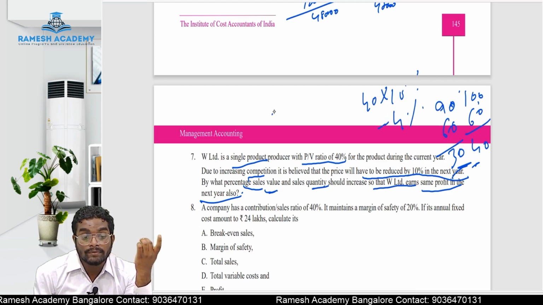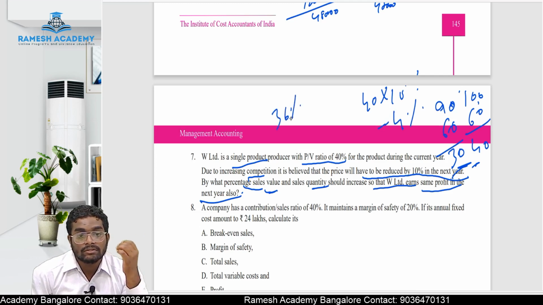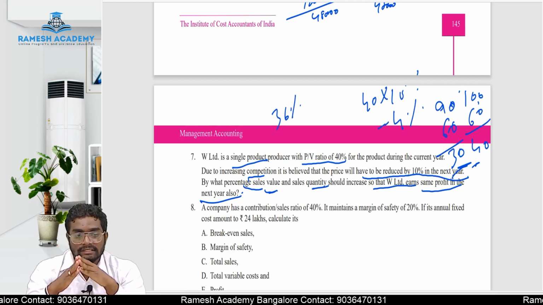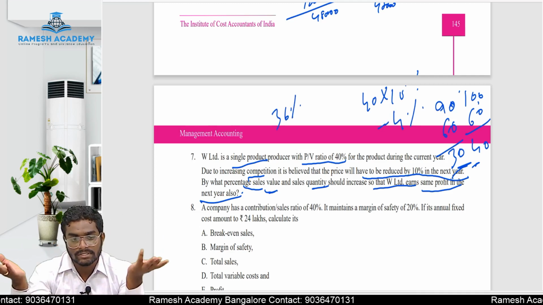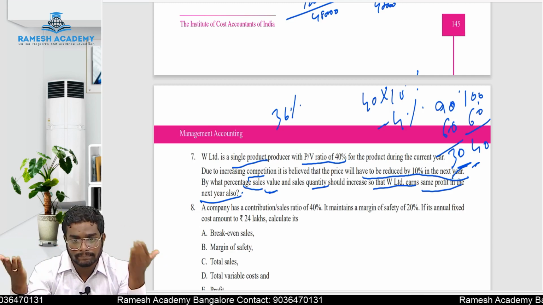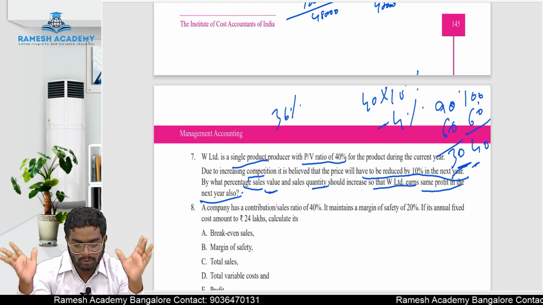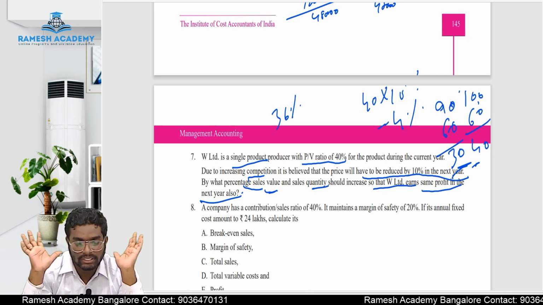So the new PV ratio will be 36%. So the reduction is 10%, and that is the reason we have to increase both by 10%. If you increase the sales and the price by 10%, you will be achieving the same profit or the same contribution. So that is the logic here.